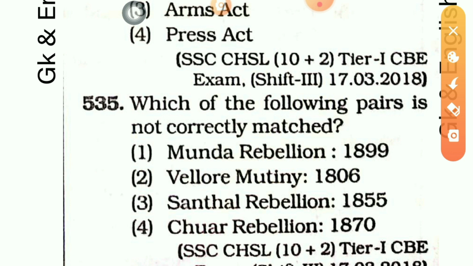So the answer will be Chuar Rebellion in 1870. The Chuar Rebellion was in Bankura and Midnapore districts. Okay, Bankura and Midnapore districts. In these areas this Chuar Rebellion happened.